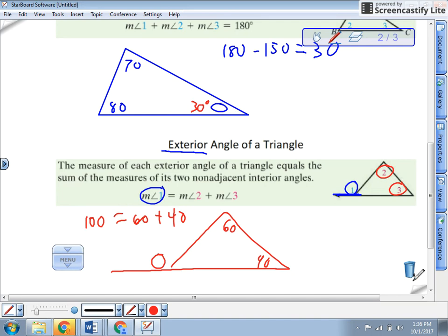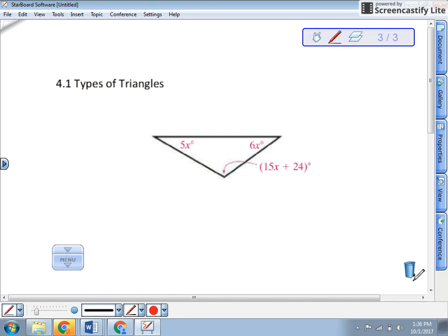Finally, let's take a look at two problems that involve algebra. So here we go. This is when they give you all three angles and want you to solve for x. We're simply going to add up all the interior angles and set them equal to 180. So we're going to say 5x plus 6x plus this whole quantity, 15x plus 24, and we're going to set it all equal to 180. Now it's just a simple algebra problem. Combine like terms: I can combine 5x, 6x, and 15x, and that'll give me 26x.